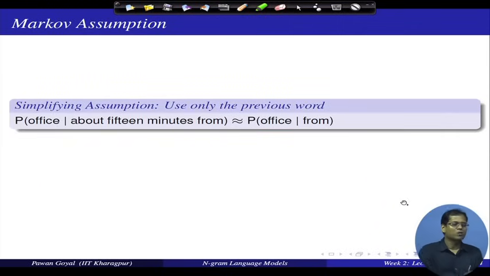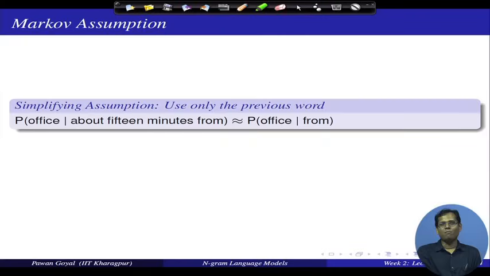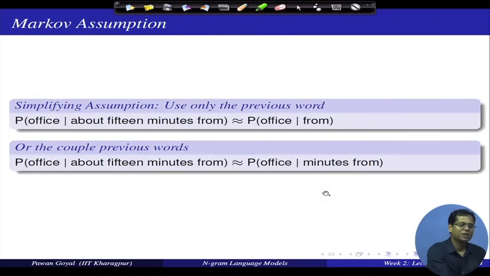What is the simplifying assumption that we make? We say, okay, we can probably use only the previous word and forget about everything else. I have to compute the probability of office given about 15 minutes from, and I say that is approximated by probability of office given from. I forget the other terms. Or I can use the previous two words, so this can be written as probability of office given minutes and from.